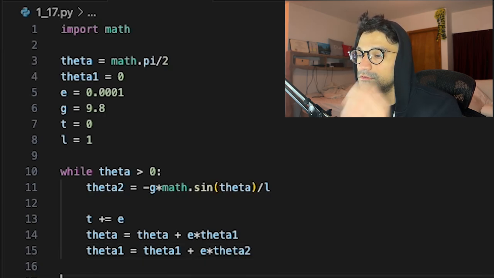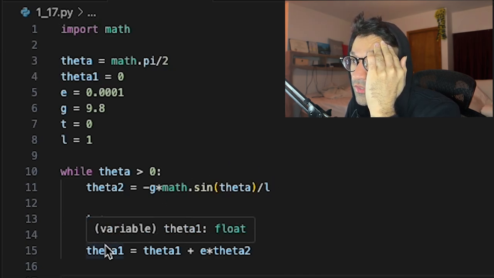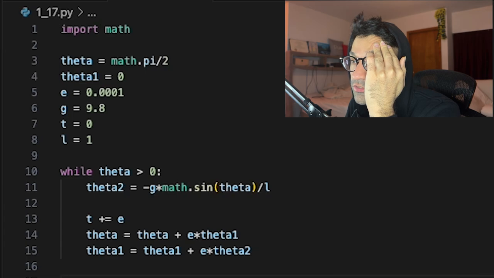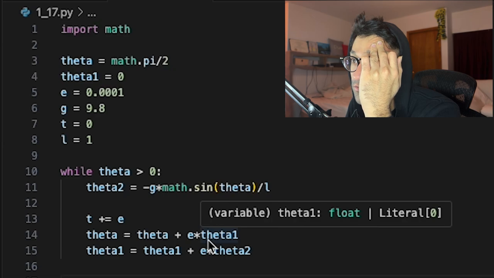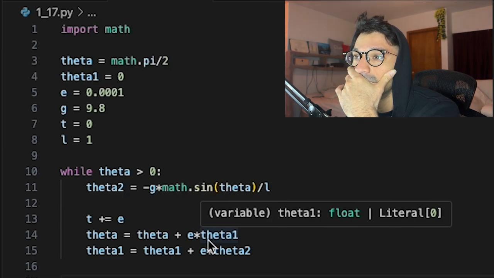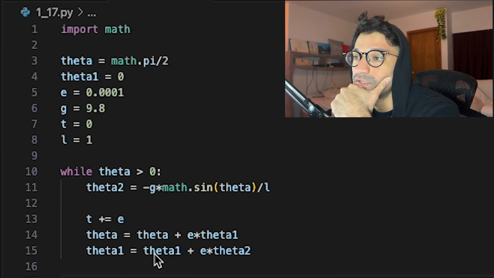And I believe that as time goes forward, theta should diminish, right? Theta 1 is 0 for now, so theta won't change, but theta 1 gets updated. And how does theta 1 get updated?